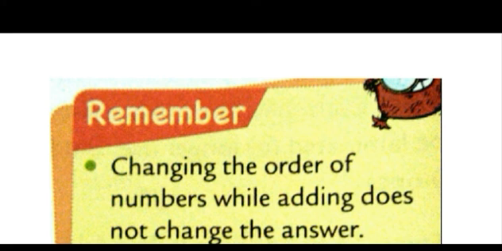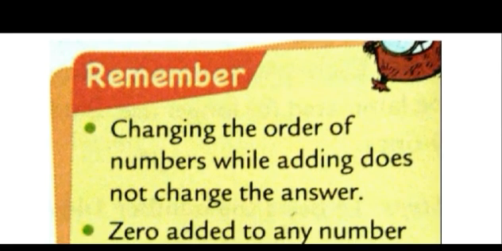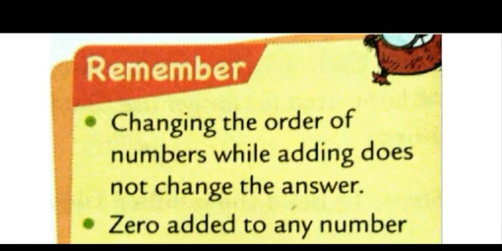So scholars, now let's do a quick recap of what we have studied in this chapter till now. So the first point is changing the order of numbers while adding does not change the answer. For example, 2 plus 5 will give 7.